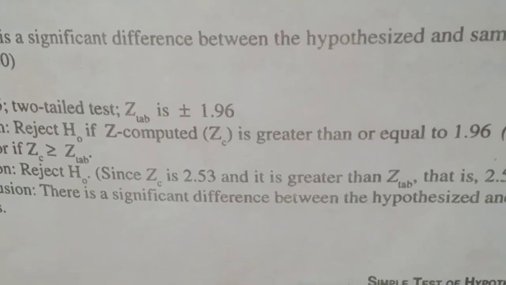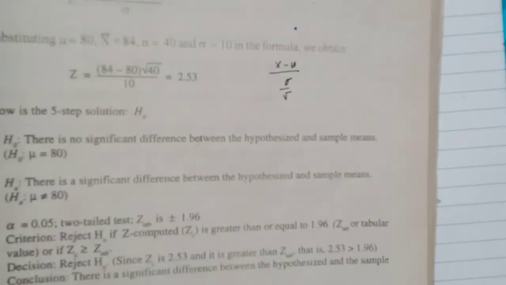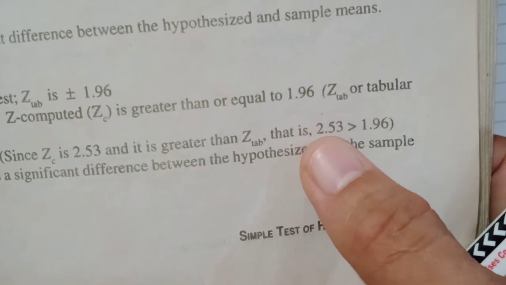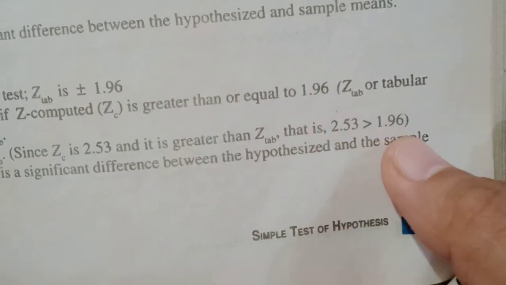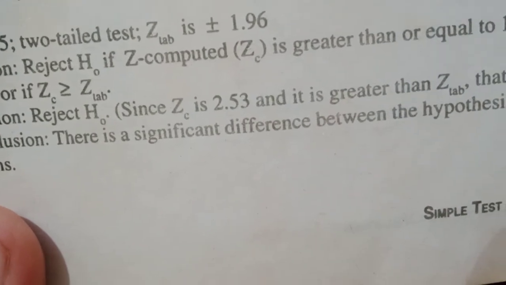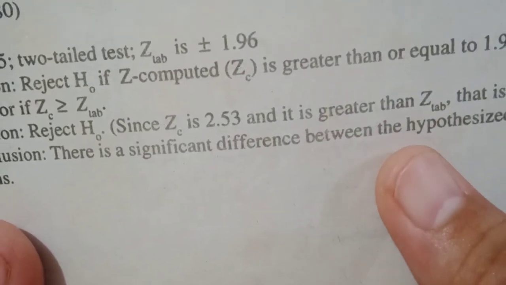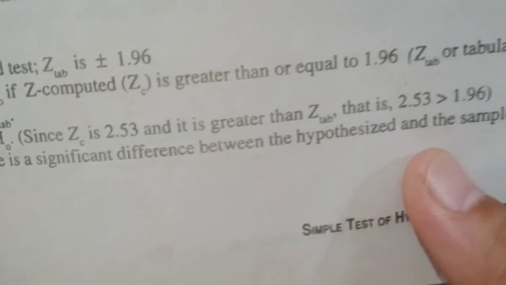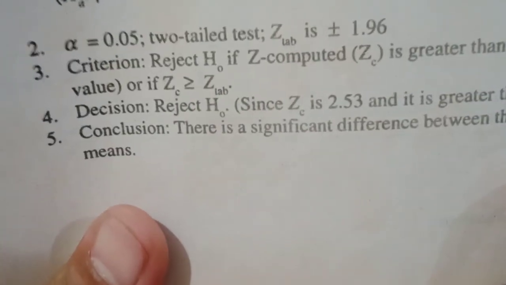Ang critical value niyan ay 1.96. So, mas malaki yung 2.53 kaysa 1.96. So, conclusion, there is a significant difference between the hypothesized and the sample means.